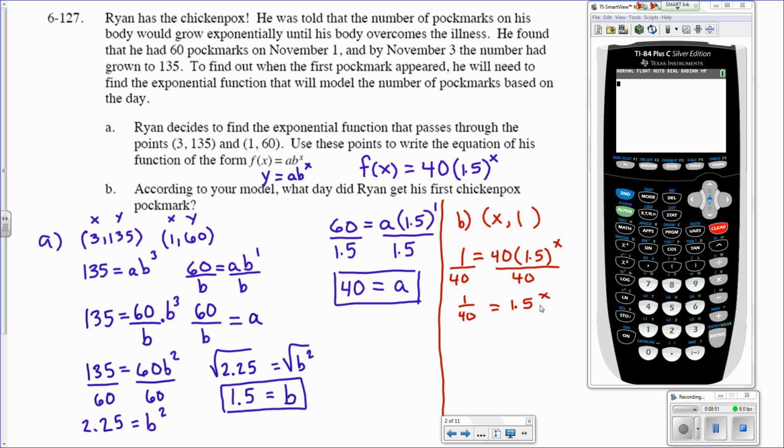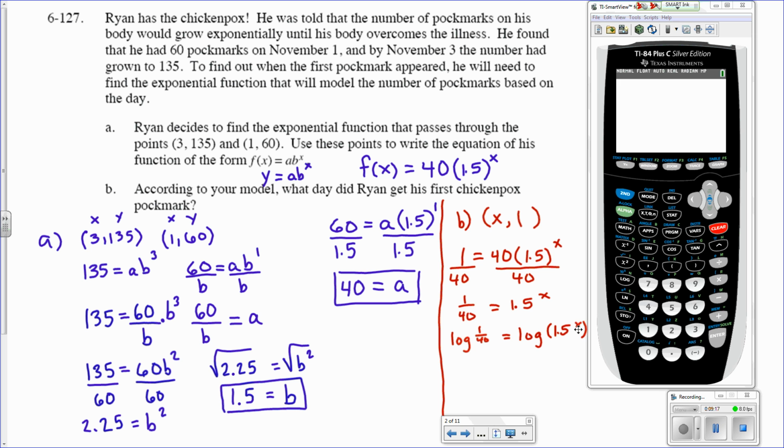Now we need to solve it, and since our x is in the exponent, because it's an exponential equation, let's take the log of each side. I have the log of 1/40 equals the log of 1.5 to the power of x.